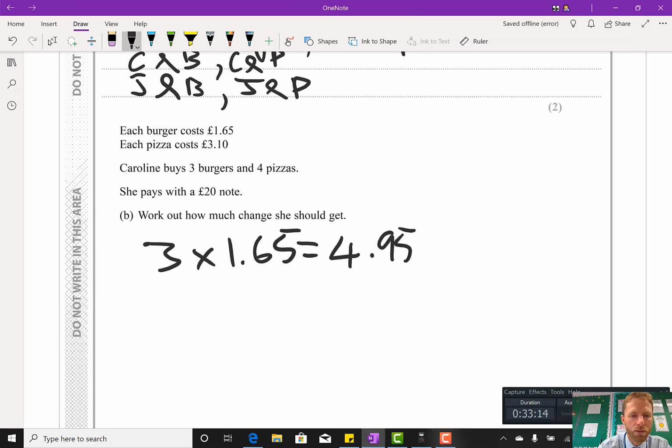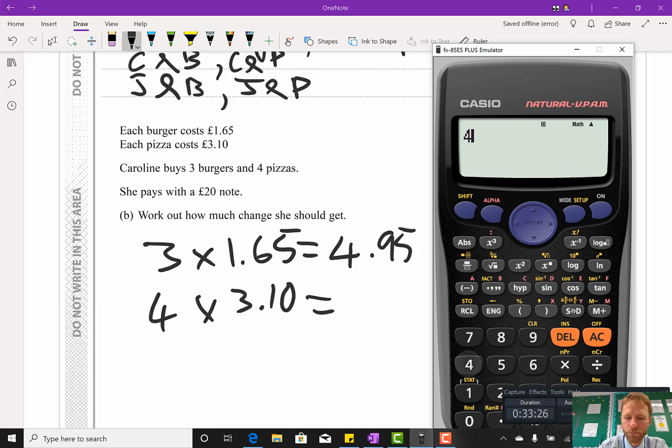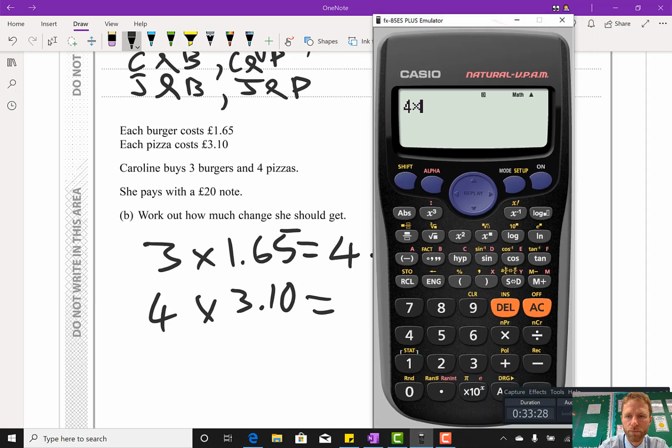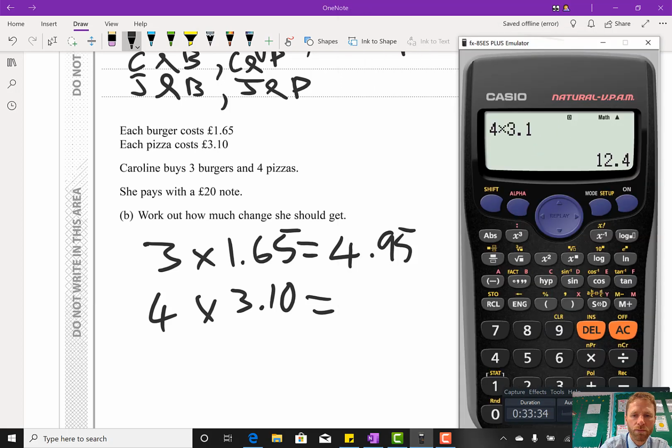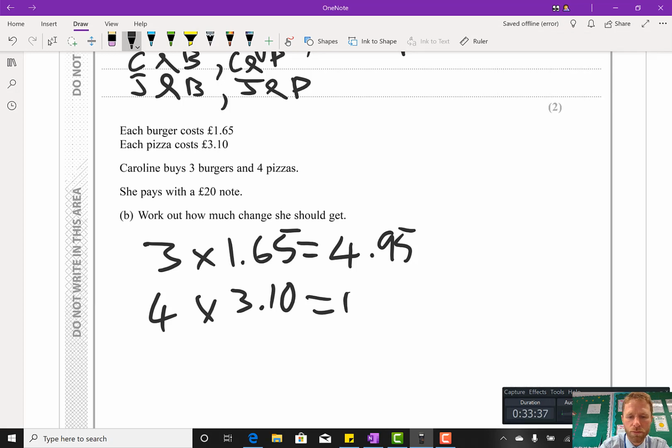Pizzas are £3.10, so 4 pizzas. Why is there more pizzas than burgers? £12.40.